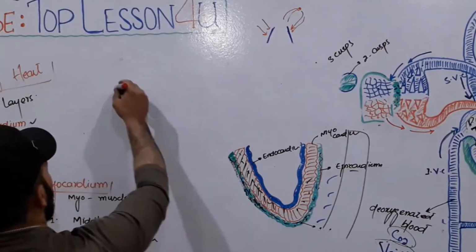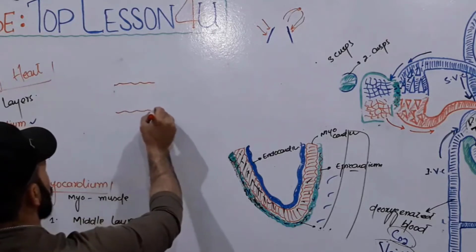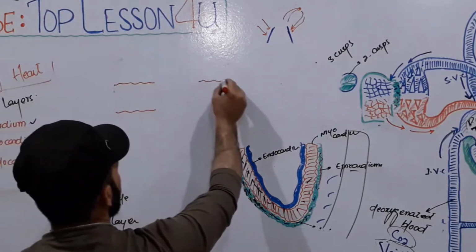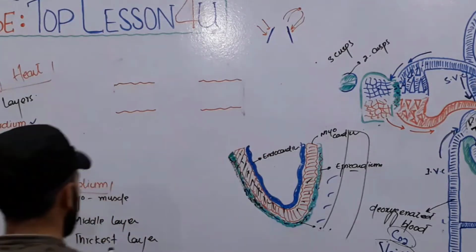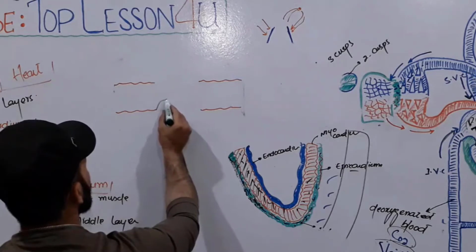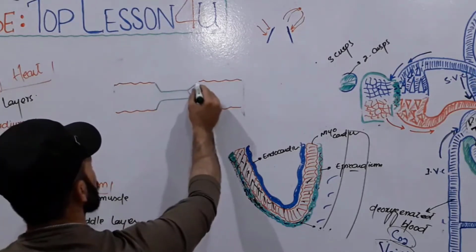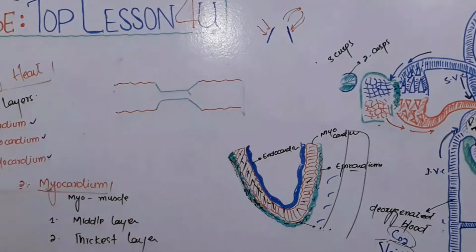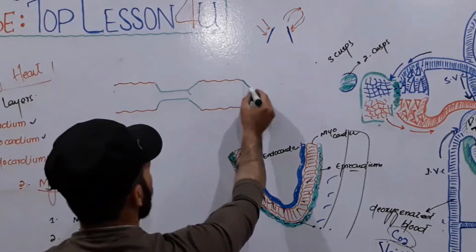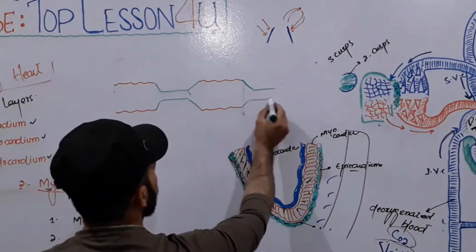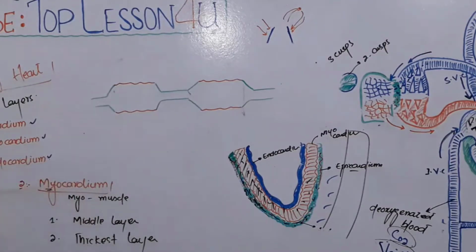For example, friends, if this is one cardiac myocyte and this is another cell, and this is another cell, these cells are connected through special gap junctions. First of all, these are gaps in between these cells, and here is also another gap, right?